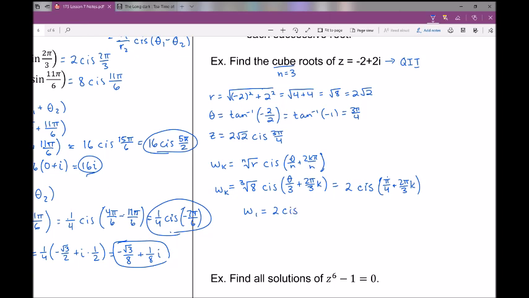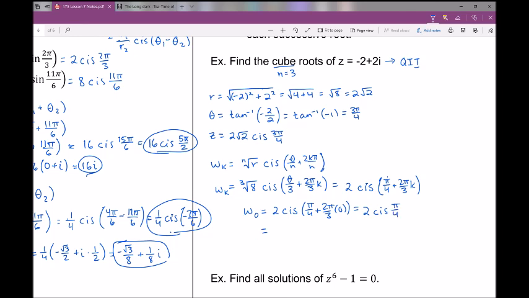Actually, let's call it omega sub 0. That'll make our k's work out. So we have omega sub 0 is 2 cis pi over 4 plus 2 pi over 3 times 0. So this just simplifies to 2 cis pi over 4. Wasn't that easy? All right, we have two more roots to find.